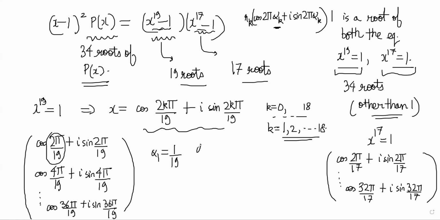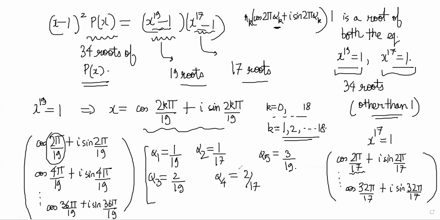And alpha 2, the next smallest one, will be 1 by 17 from here. Alpha 3 would be 2 by 19. Alpha 4 would be 2 by 17 from 4 pi by 17 here. Finally, alpha 5 would be 3 by 19.